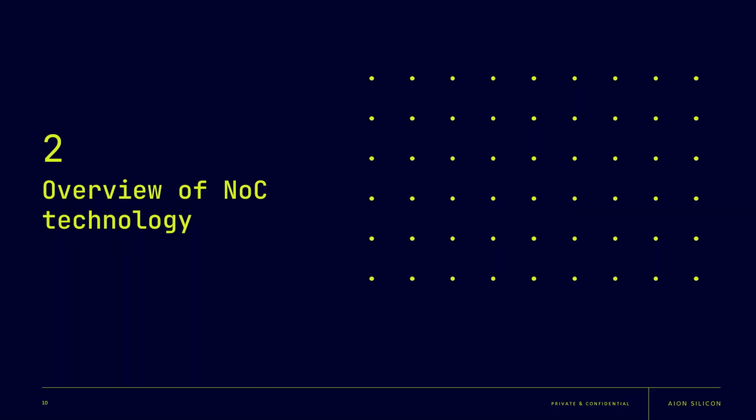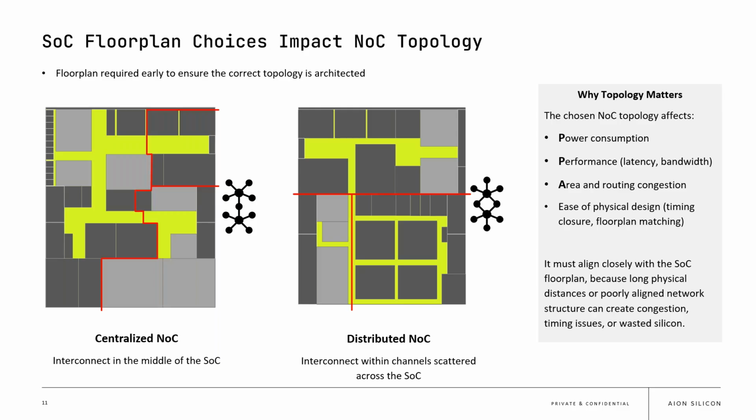So now we'll have a brief overview of NoC technology in general, and understand the basic building blocks and what aspects of this affect the performance of a system. In terms of topologies, we can think of NoC as fundamentally being of two types. You've got your centralized NoC, where you have the interconnect in the middle of the SoC, and then you've got a distributed NoC, whereby the interconnect structure can form at least one loop around some blocks.